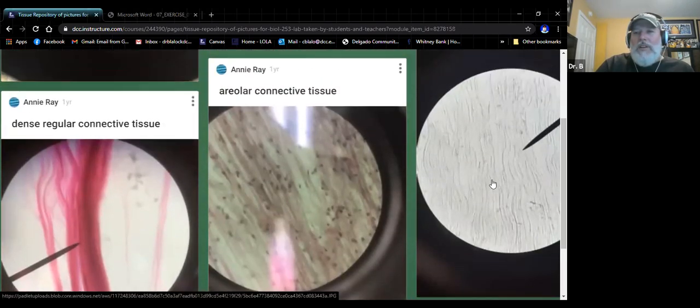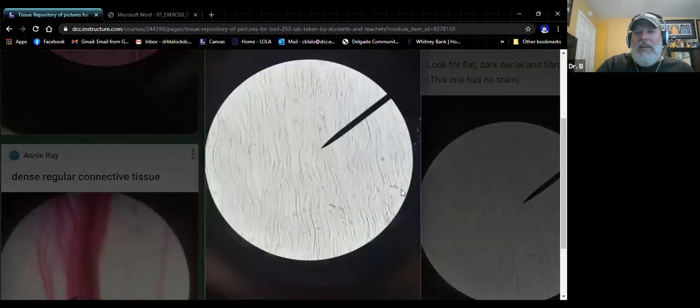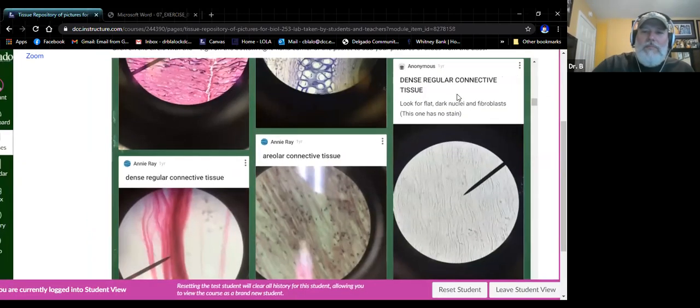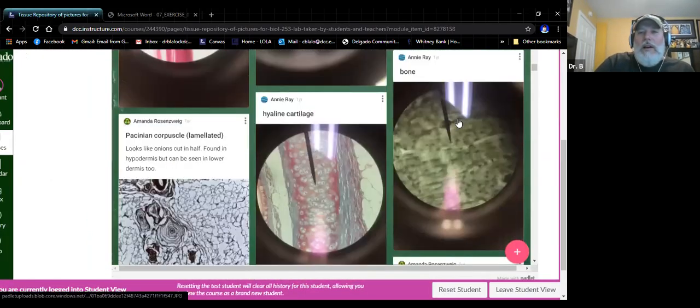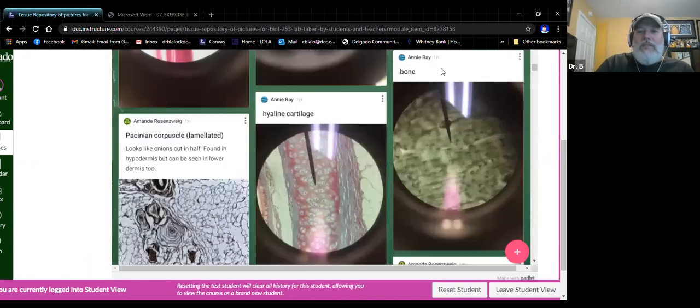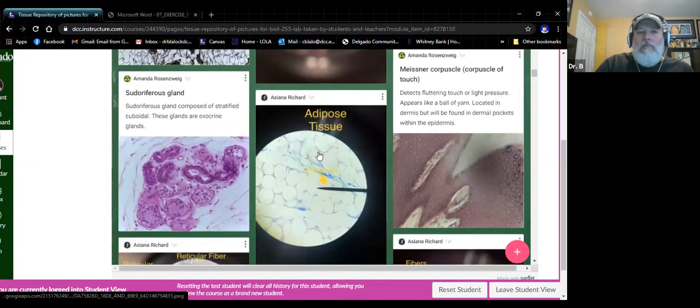Again, all the fibers running in the same direction. Another of compact bone, another of hyaline cartilage. Again, you don't see any fibers woven between those individual cells, so that tells us that's hyaline cartilage.